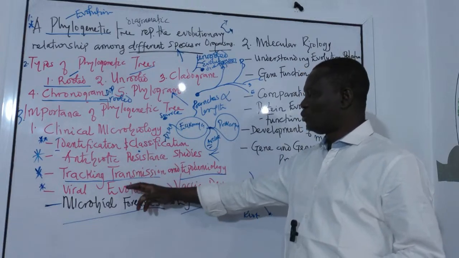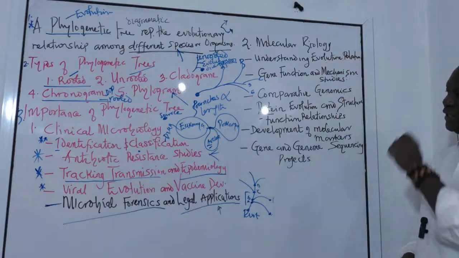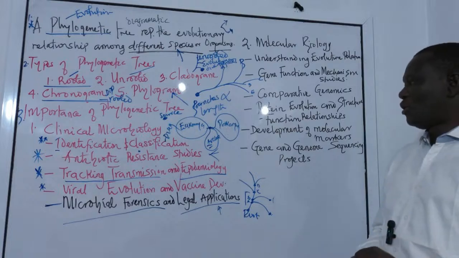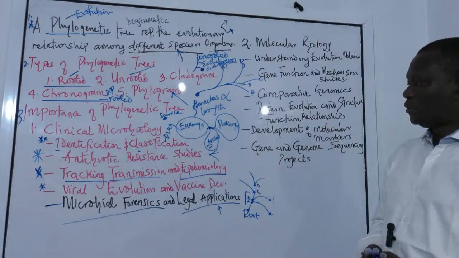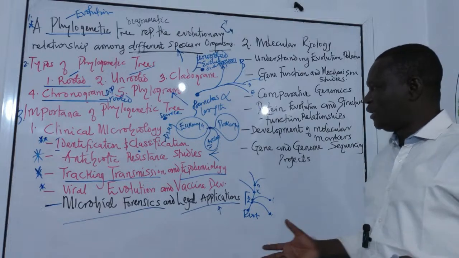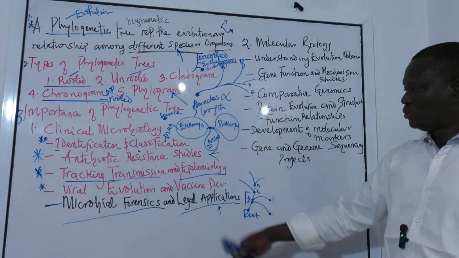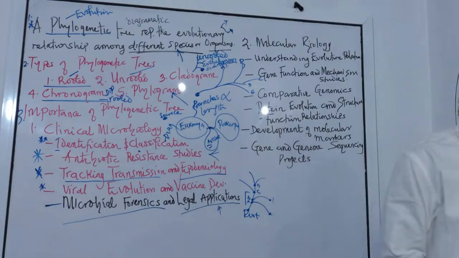And if you want to establish contact tracing, the real origin or source of transmission of an infection or any outbreak, you can make use of phylogenetics to establish that. Also, viral evolution and vaccine development.